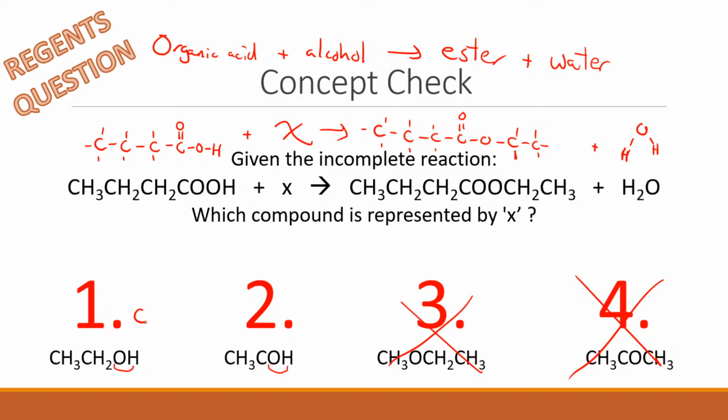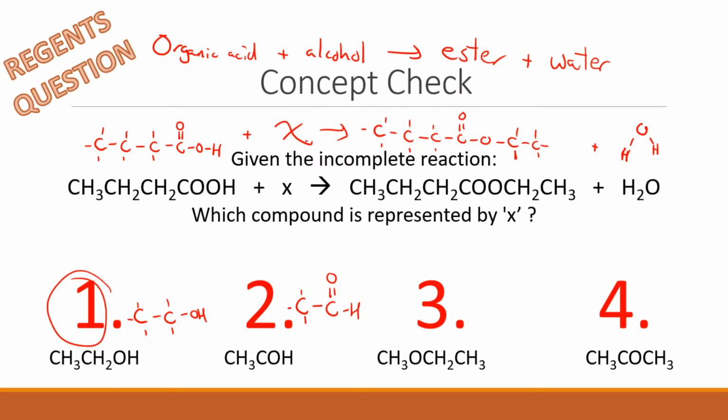When I draw these two things out, that is an alcohol, but this one, when I actually draw it, is an aldehyde. It's not an alcohol. So without even counting my atoms, there's only one alcohol of these choices. I need an alcohol to fit in that blank, so it's still choice 1 as the correct answer.